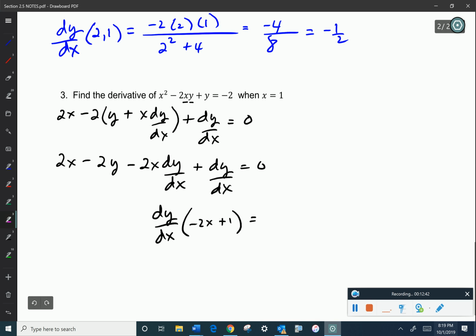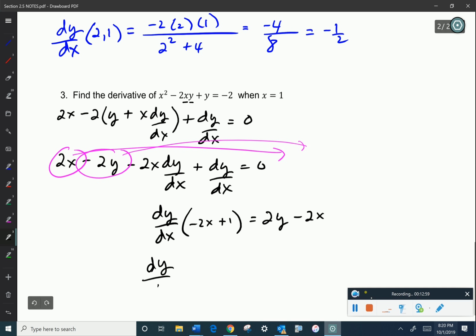And at the same time, I'm going to take this 2x and subtract it, and I'm going to take this minus 2y and add it. So I'm going to end up with a positive 2y and a negative 2x. So just finish solving for dy dx. So dy dx is 2y minus 2x all over 1 minus 2x. And no, those 2x's cannot cancel.